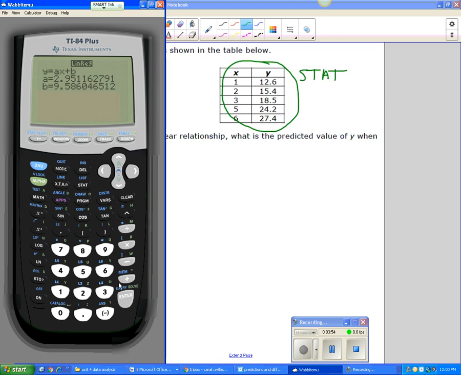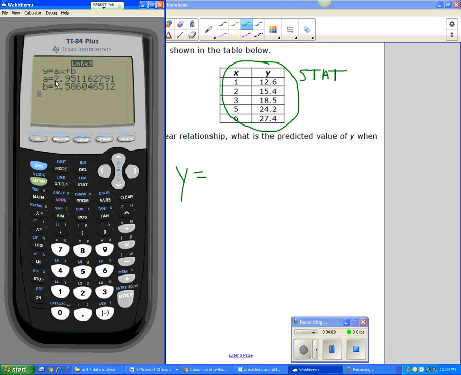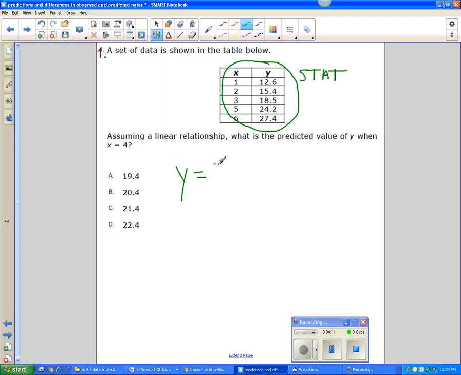So I'm going to write y equals, and the calculator says A is 2.591. And you put an x beside of that.